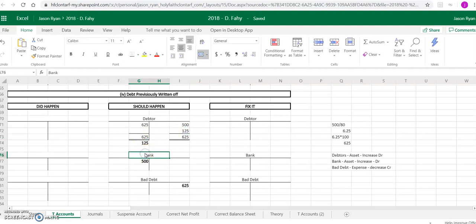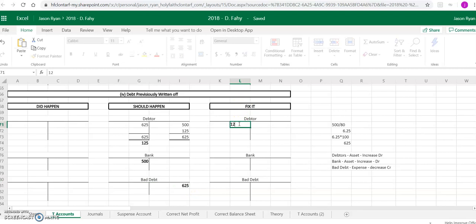Our bank is how much we received, so it's an asset, debit 500. And our bad debt is the full debt that we need to decrease our bad debts by, which is 625. So how do we fix it? Debtor, 125 on the debit side; bank, 500 on the debit side; and our bad debt, 625 on the credit side.